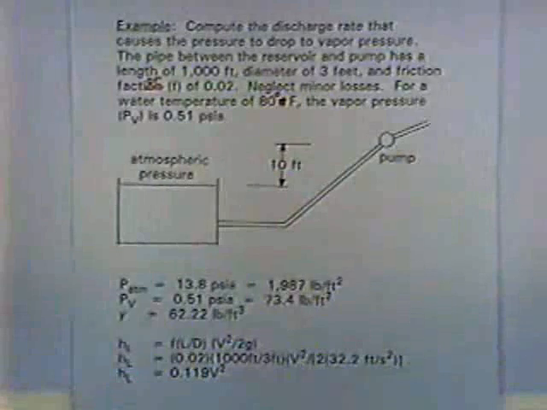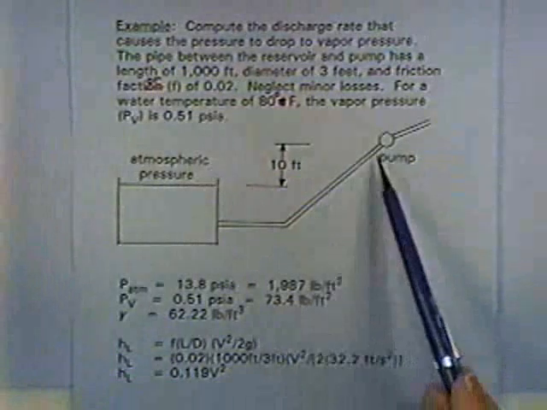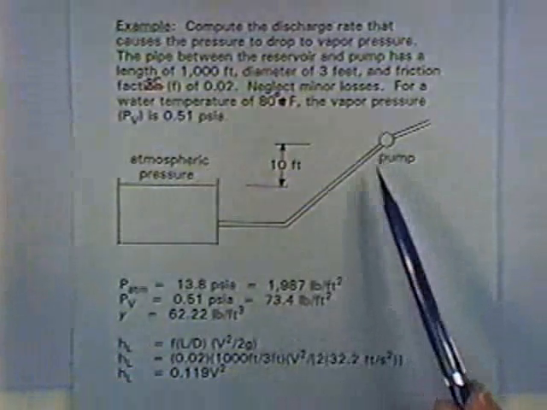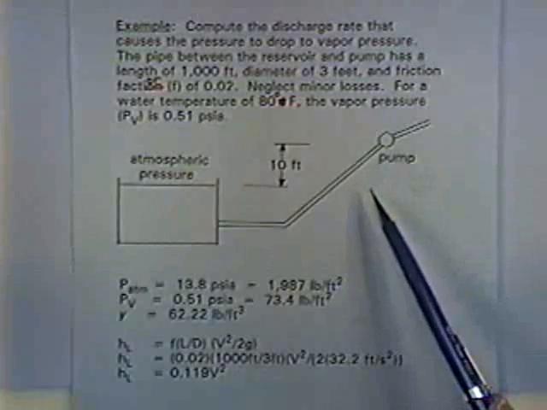But here's a problem that is sort of a classic, typical type of engineering problem, and that goes back to the fluid mechanics session when we were talking about atmospheric pressure and gauge pressure. And what happens is, on the suction side of a pump, you can drop the pressure well below atmospheric pressure.